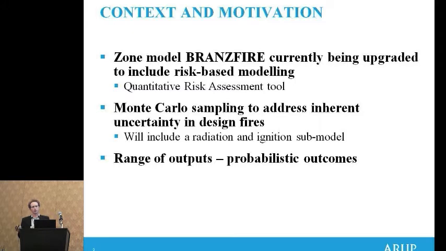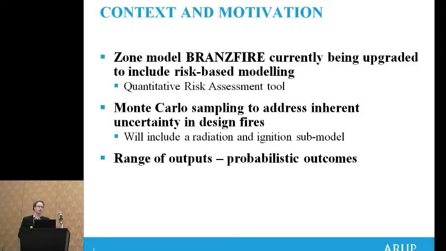Basically, it's going to use Monte Carlo sampling to address inherent uncertainty in design fires by randomly populating rooms with furniture and other items based on the likely scenarios. For example, a lounge living room might have one or two sofas, bookcase, things like that.